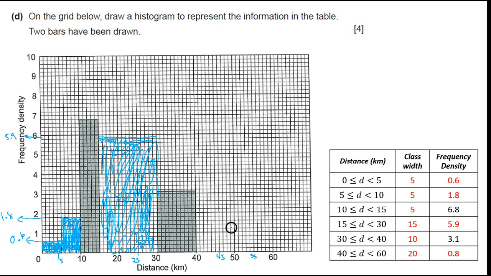And then the last one, from 40 to 60, is 0.8. It's all the way just here under. Do we have it? So you need the frequency table in order for you to do that. All right?